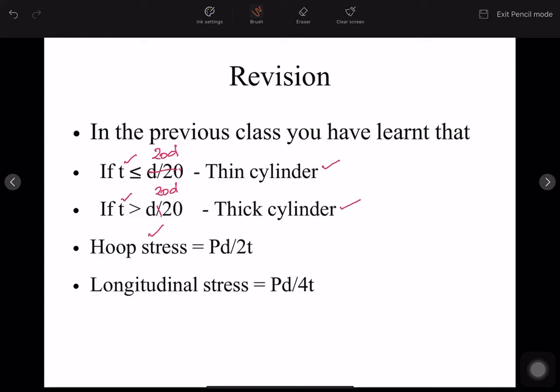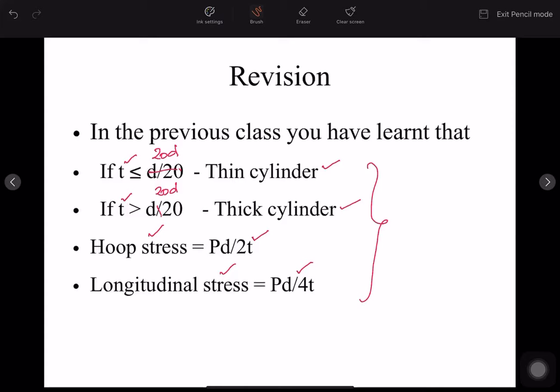We have derived an equation which is P into D by 2 times the thickness of the cylinder. In the same manner, we have derived an equation for longitudinal stress also, that we have got as P into D by 4 times T. So these things we have covered in the previous class.